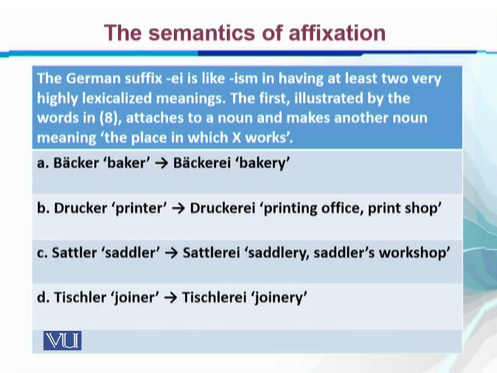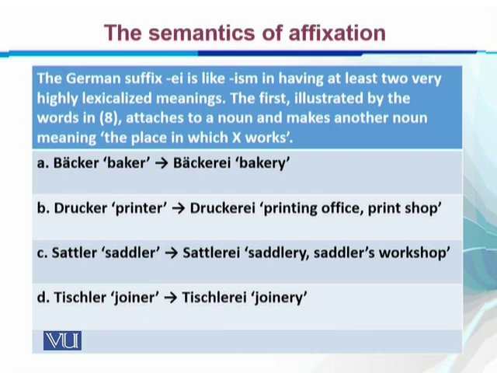The first is illustrated by the words in the following: it attaches to a noun and makes another noun, meaning the place in which X works. For example, Bäcker, and when we add ei in German, Bäckerei, it becomes the place where baking takes place, or where the baker works, right?